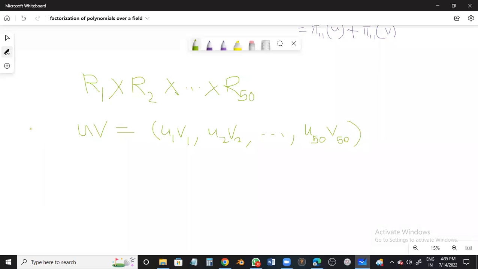And now you apply your pi 11 on this. What is to happen? This will be pi 11 operated on this particular product. What will be your output? Of course, the 11th component. What is your 11th component?